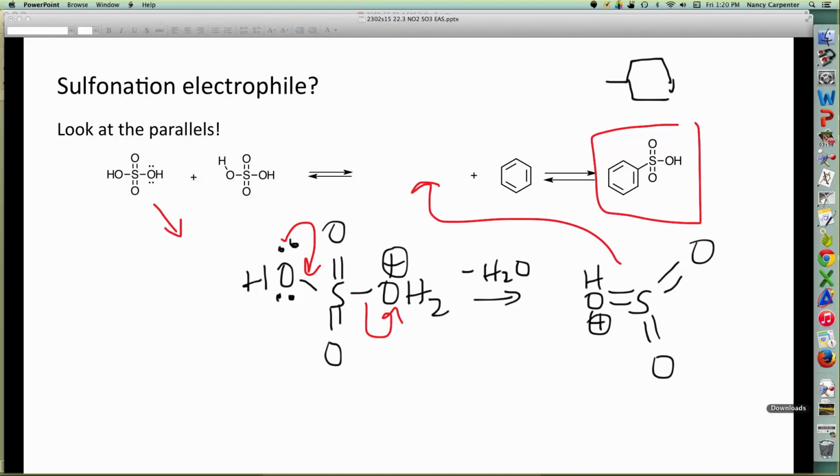This is toluene sulfonic acid. If that was a methyl group, it'd be methane sulfonic acid. Change any of these to the chloride, and you've got the mesylate and tosylate, etc. So nitration and sulfonation, really similar.